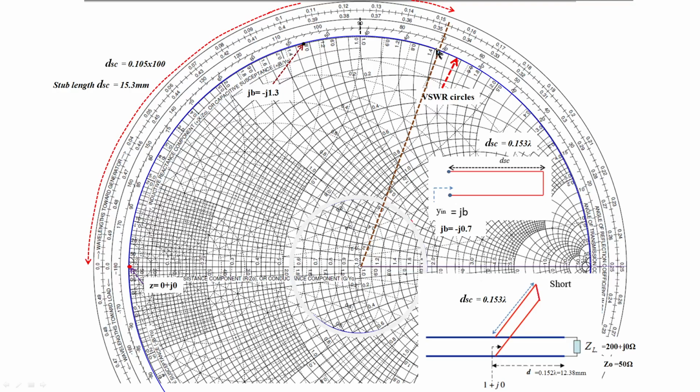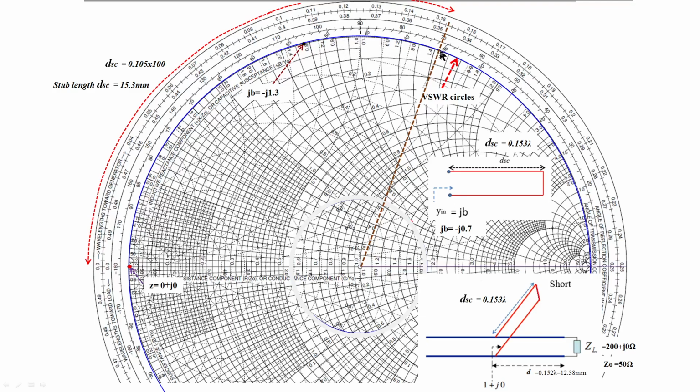This is the stub design, this is the stub length. Find out the length from here to here, it is approximately 0.153 that I took. So this is the value, 0.153. That is the length of the stub. The input susceptance is minus 0.7, because the susceptance values are negative here.